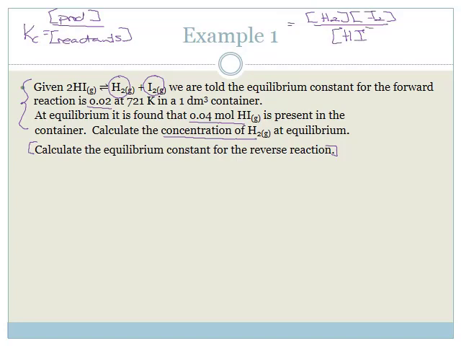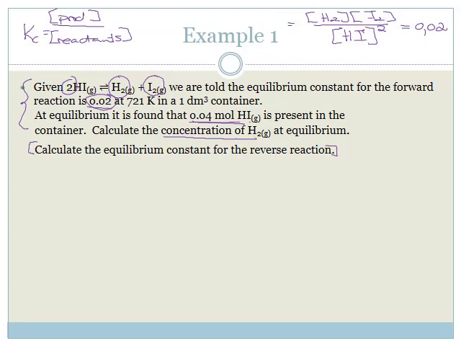And remember, whatever number is in front comes to the power, so it becomes squared. So that is your Kc. In this case, we are told that this constant is 0.02. And it says at equilibrium, it is found that you have 0.04 moles of hydrogen iodide present in the container. Calculate the concentration of the hydrogen.